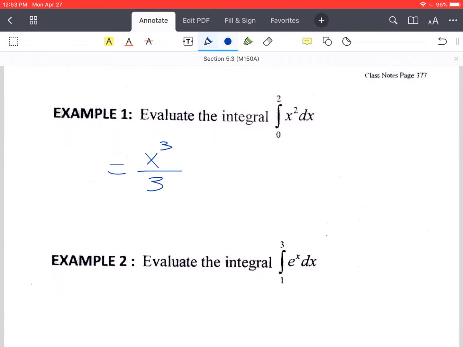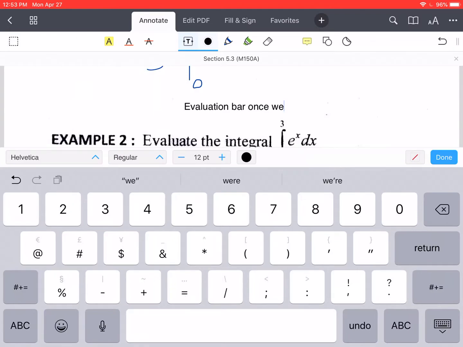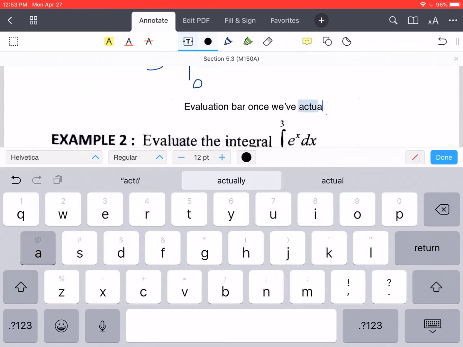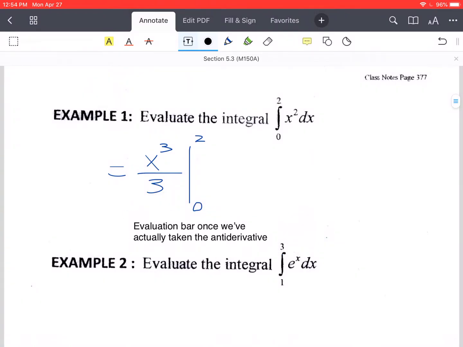Okay, and then once we've actually taken the antiderivative, we're going to put, this is called an evaluation bar from 0 to 2. So again, this is our evaluation bar. Once we've actually taken the antiderivative, we no longer need the integral symbol anymore because we've taken the integral.